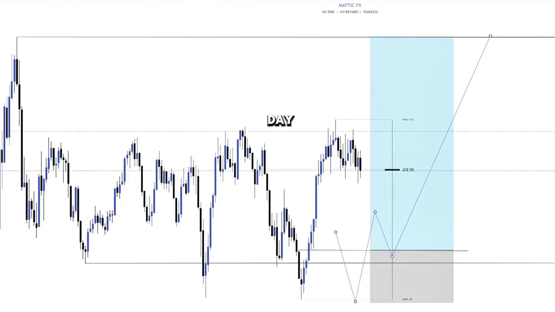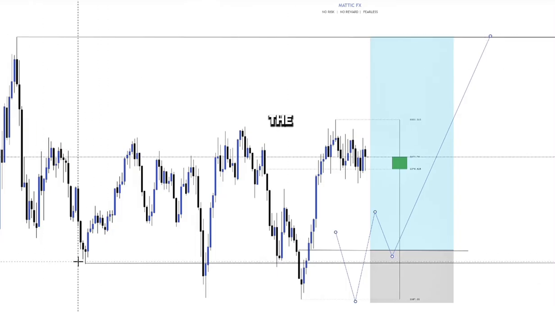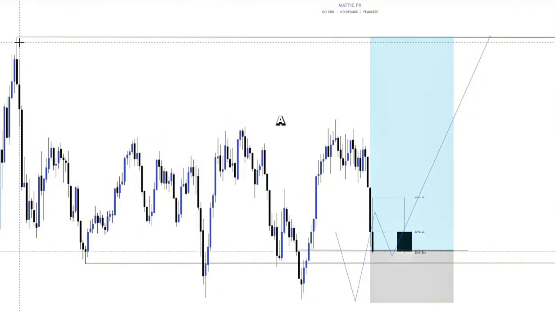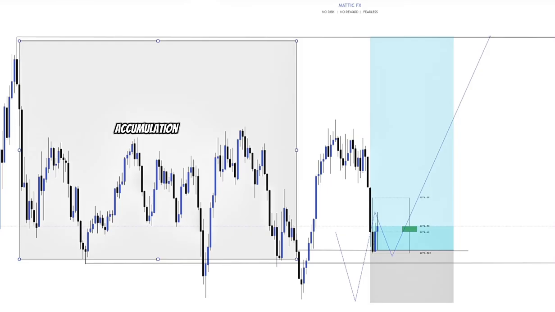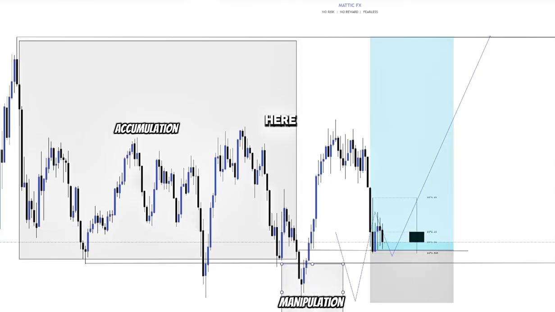So at the end of the day, we did our analysis. We had the high right here, we had the low right here. In the middle of this is a range, in a sense one big range. This in a sense is manipulation right here.